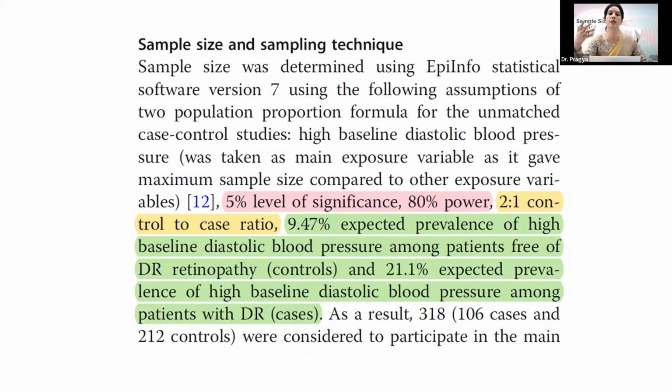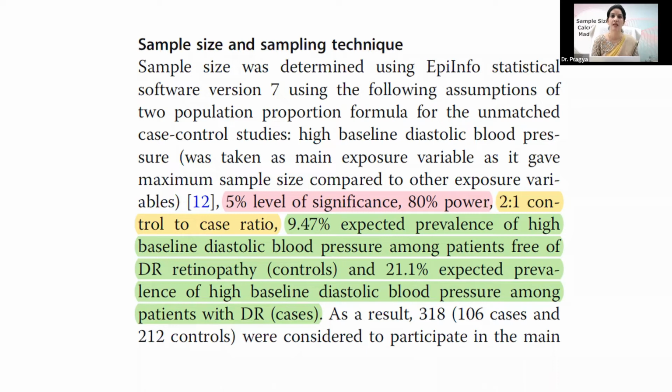If you have more than one exposure, like for diabetic retinopathy, maybe age, hypertension or some other exposure, you should take that exposure which is giving the highest sample size, because if you calculate with the highest sample, then the other hypotheses will also be tested.